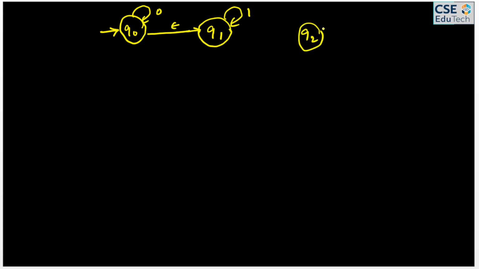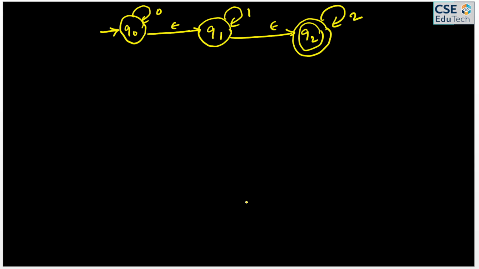From Q naught, by taking 0, you are in Q naught. By taking epsilon moves, you are in Q1. And by taking 1, also you are in Q1. And from Q1, by taking epsilon, you are in Q2 state.